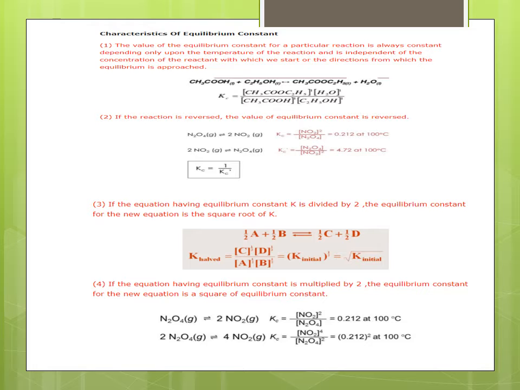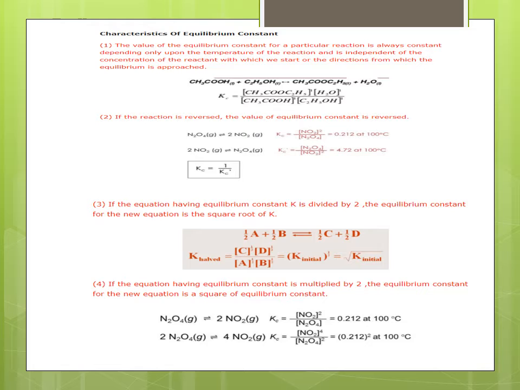For example, CH3COOH plus C2H5OH gives CH3COOC2H5 plus water. Then Kc is equal to concentration terms of right hand side divided by concentration terms on left hand side.